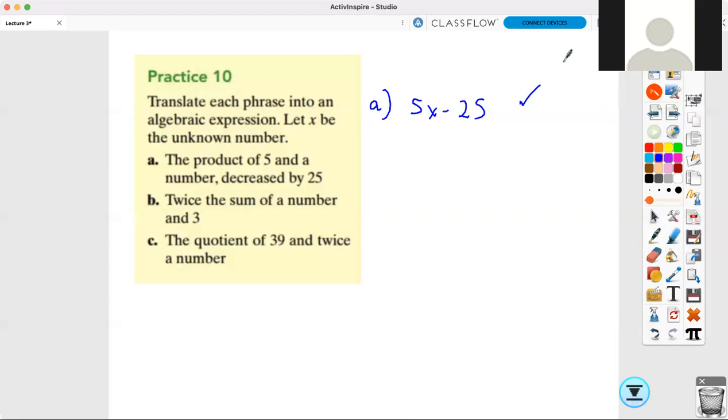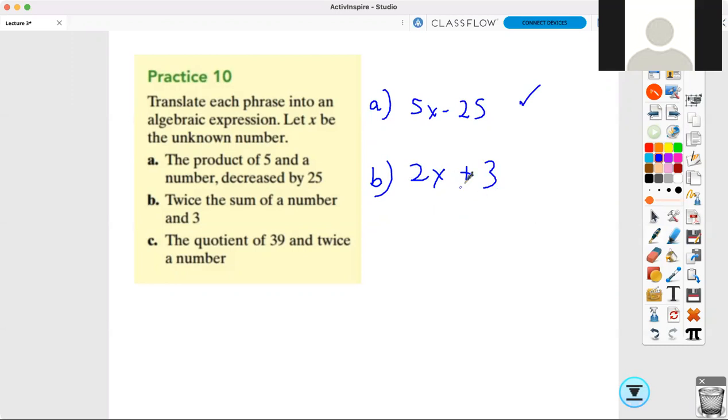And then for B, would it be 2x plus, you said 2x plus what? 3? So the way you would write this in words, it would say twice the number. So it would be the sum of twice the number and 3.